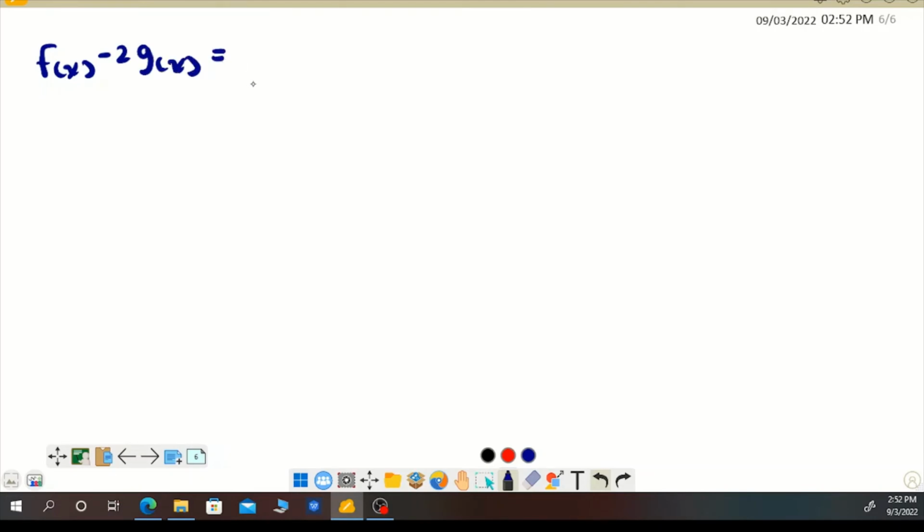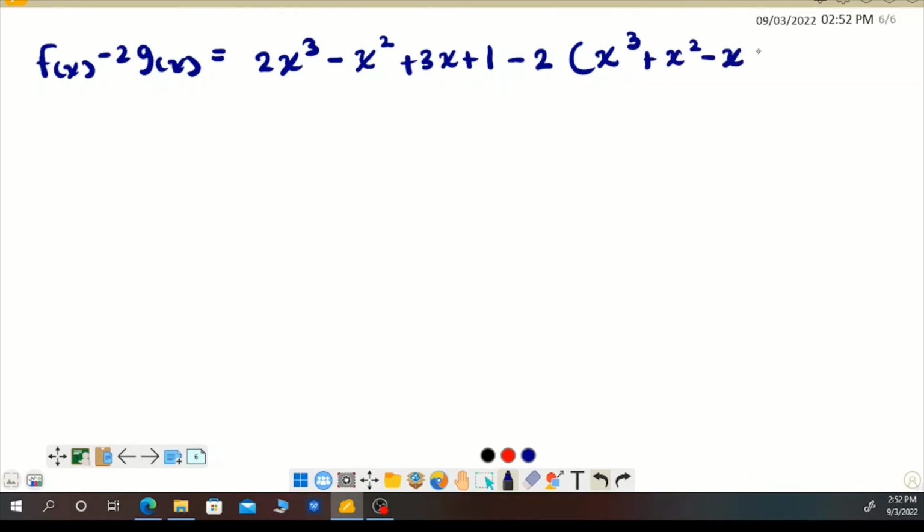So our fx is 2x cube minus, so a is minus a, then minus x squared, 3x plus 1. And we have to subtract 2 times gx. So gx becomes x cube plus x squared minus x plus 1.